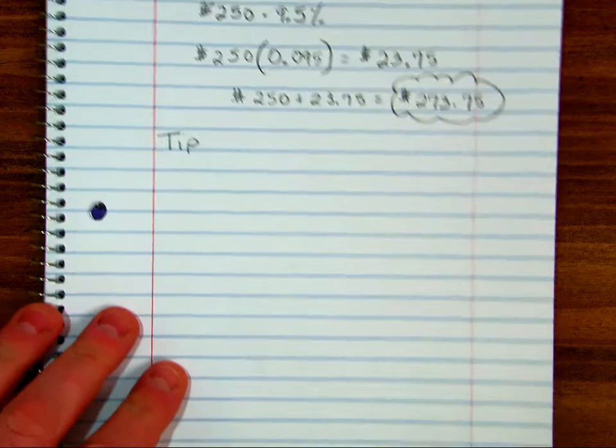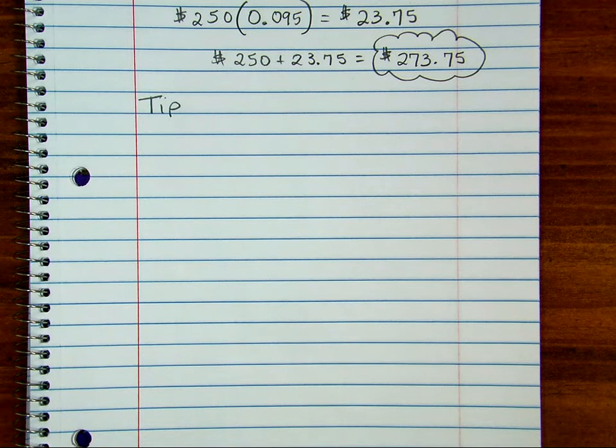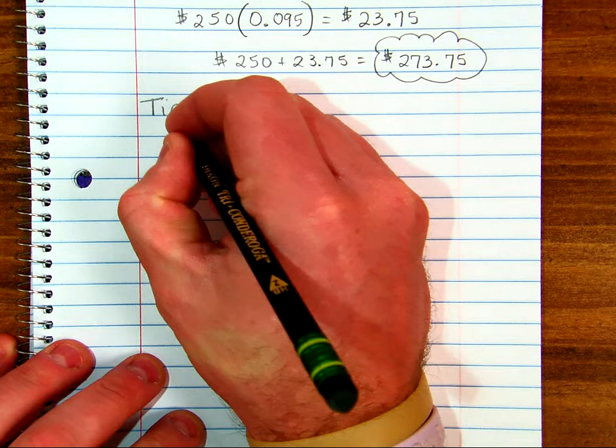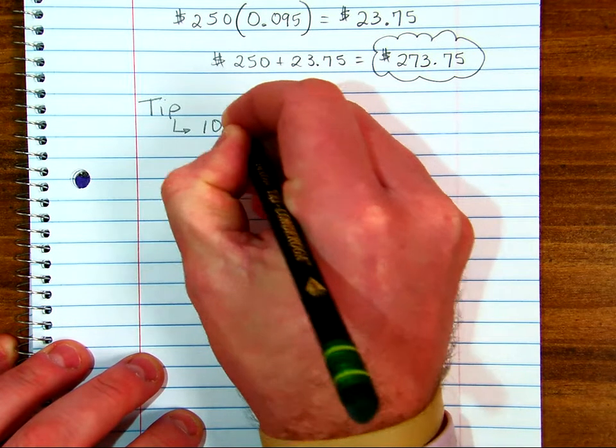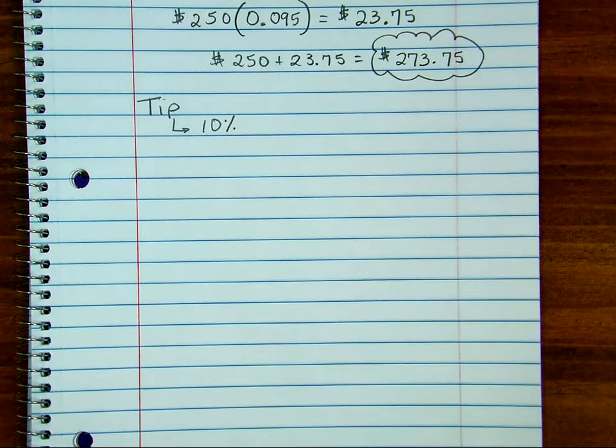Now, how does tip vary? Does it vary state by state? Does it vary government by government? City by city? No, tip varies by person to person. Some people might leave a 10% tip for bad service. Okay?